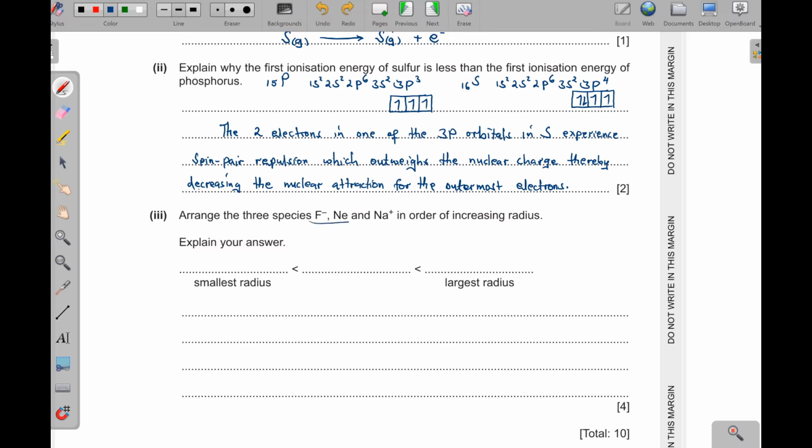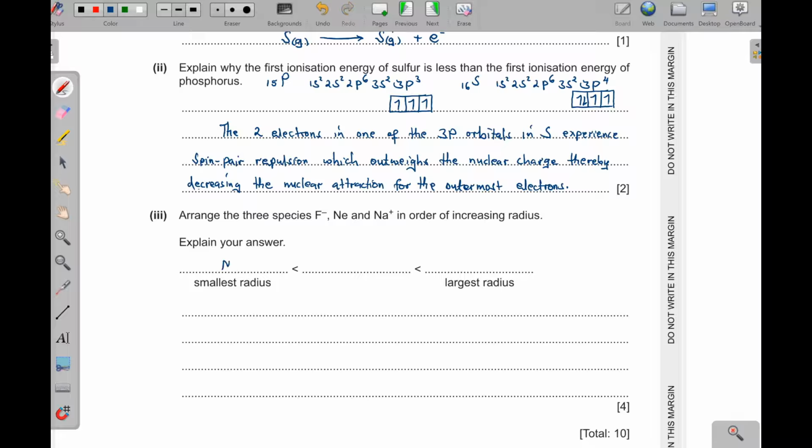They have the same electronic configuration. That means the same number of shells. Then the protons. So this one has the greatest nuclear charge, the sodium ion, and therefore the greatest nuclear attraction for the remaining electrons. And this one will be having the smallest radius.